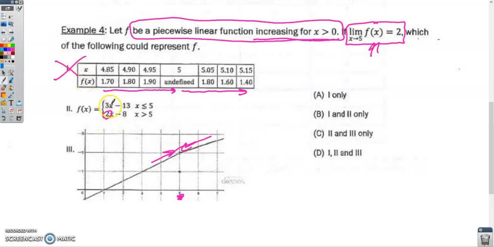The slopes of both branches of the piecewise function in choice II are both positive, and therefore that function is increasing, so that one does work. And you can see from the graph in choice III that though that function is increasing as x is greater than 0, and so choice II and III both work, and so choice C is going to be our answer.